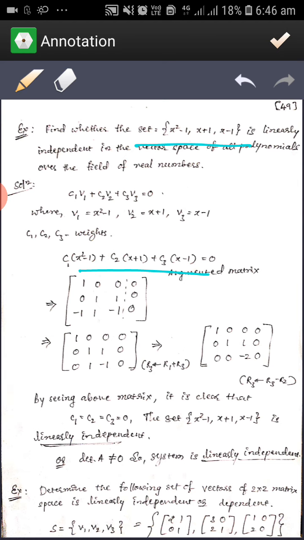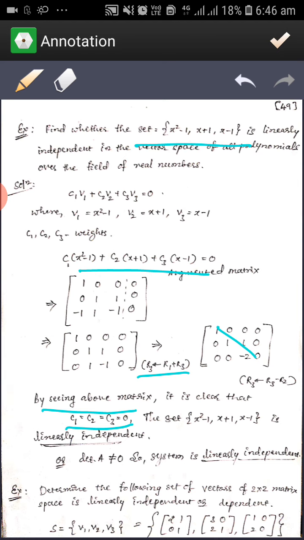After writing it here and applying row reduction operations, we get an upper triangular matrix with the lower triangle as 0. By seeing this, it is clear that c1, c2, c3 are 0.